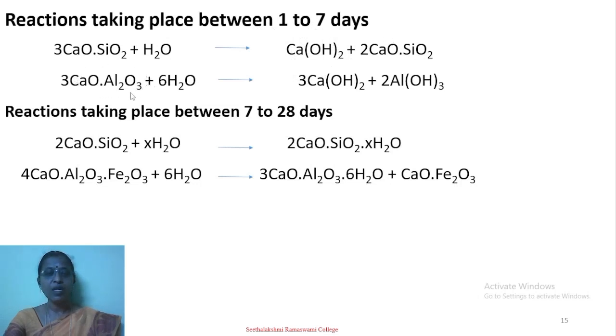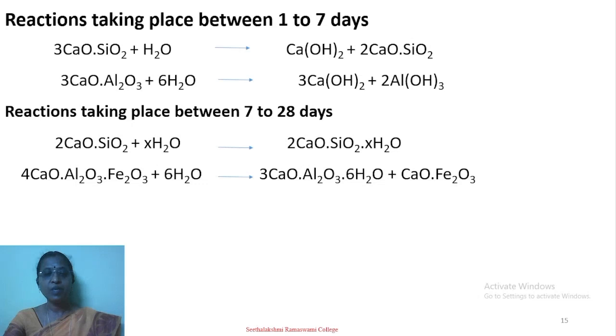The tricalcium aluminate gets hydrolyzed into precipitated calcium hydroxide and aluminium hydroxide. This aluminium hydroxide fills the interstices to produce a hard mass. This is the hydrolysis step.